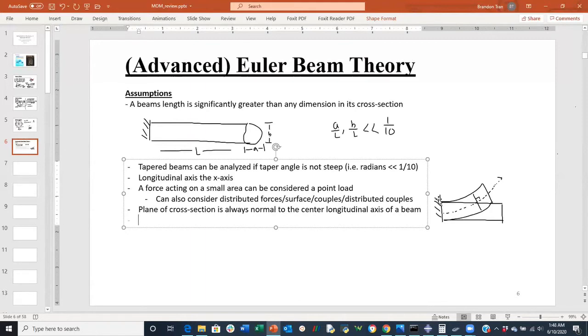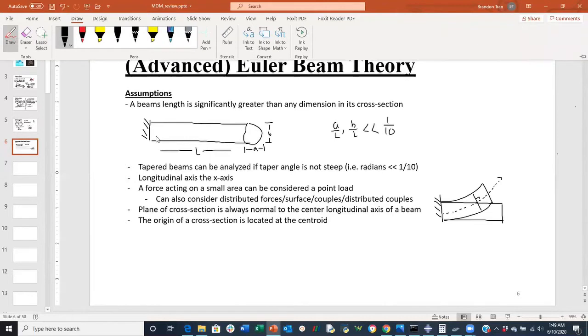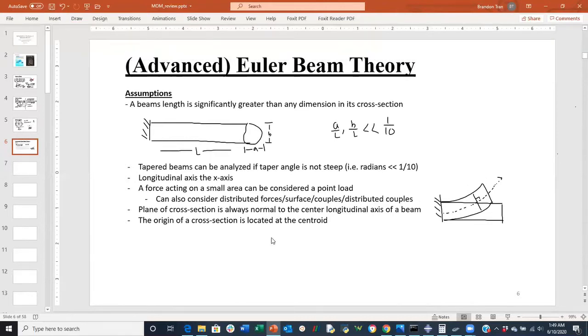The next assumption is that the origin of a cross section is located at the centroid. This is plainly obvious if you remember your centroidal equation. For example, if we were to look at the cross section of a beam, I'm going to draw it arbitrarily, something like this.